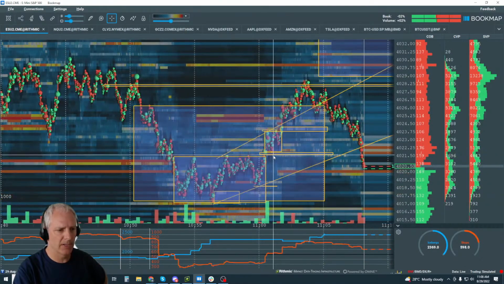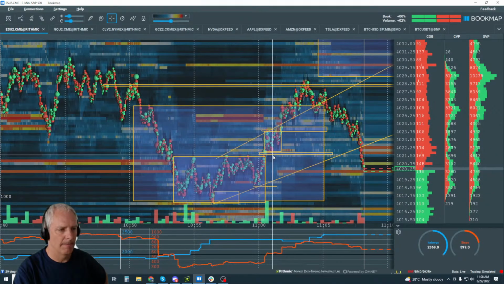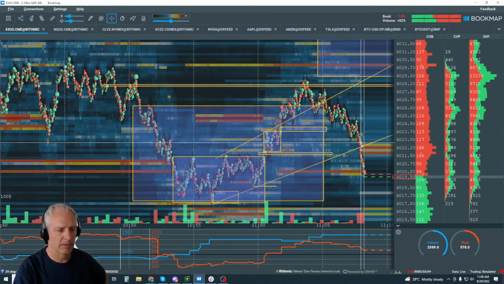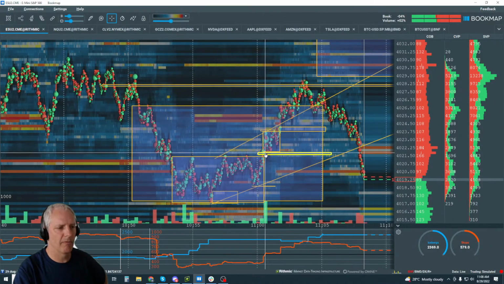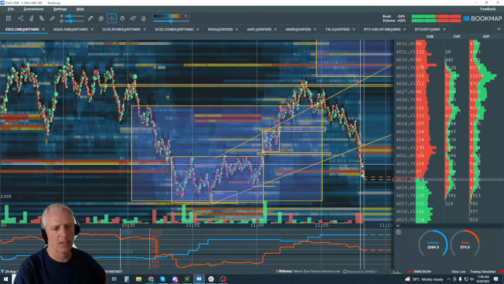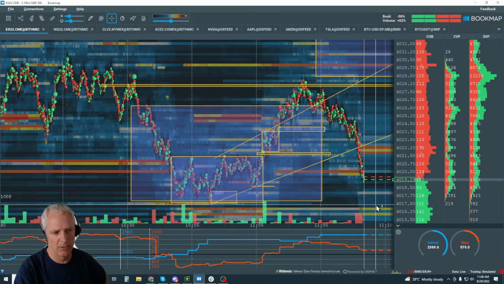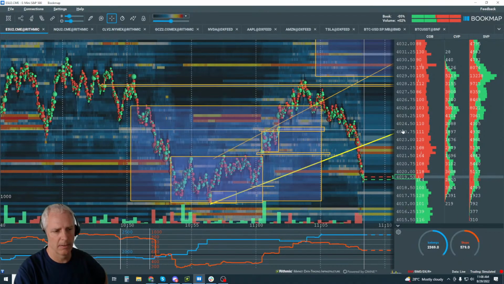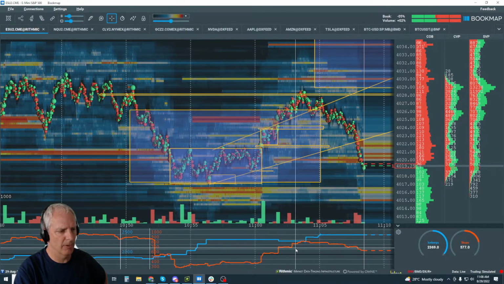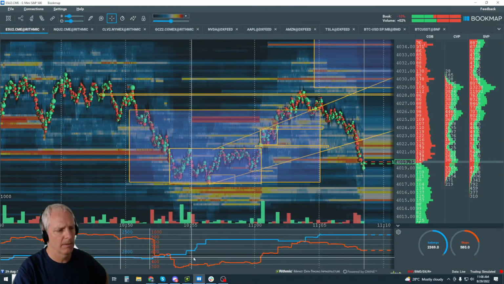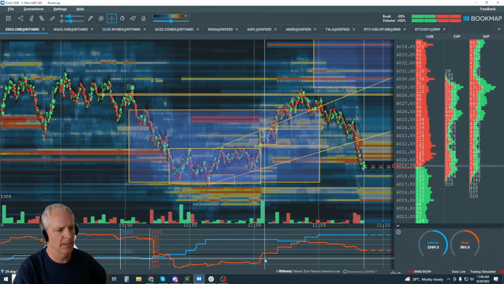Do we see buyers coming in here? Nope, not at all. Sellers are pushing it through. This is our fourth time, so we're looking for sellers to continue to the downside. Did we get a stop run in here? Yeah, we actually did. Some sellers got stopped out.